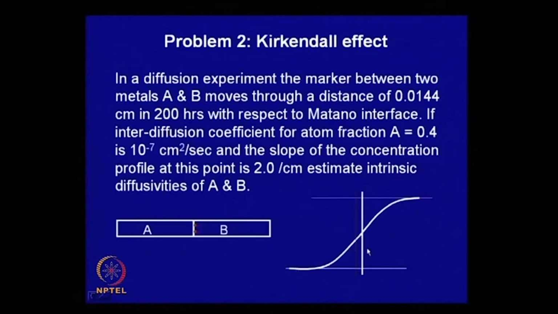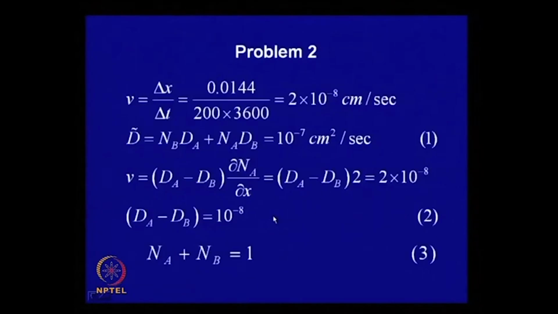At this point, the interdiffusion coefficient is given as 10 to the power minus 7 centimeter square per second, and the slope at this point is 2 per centimeter. Then estimate the intrinsic diffusivity of A and B. Let us see how you solve this problem.